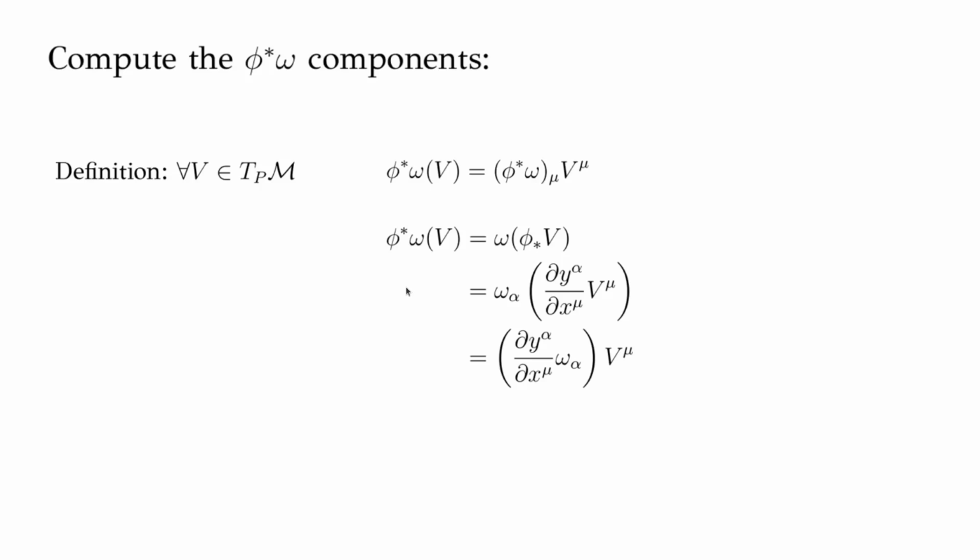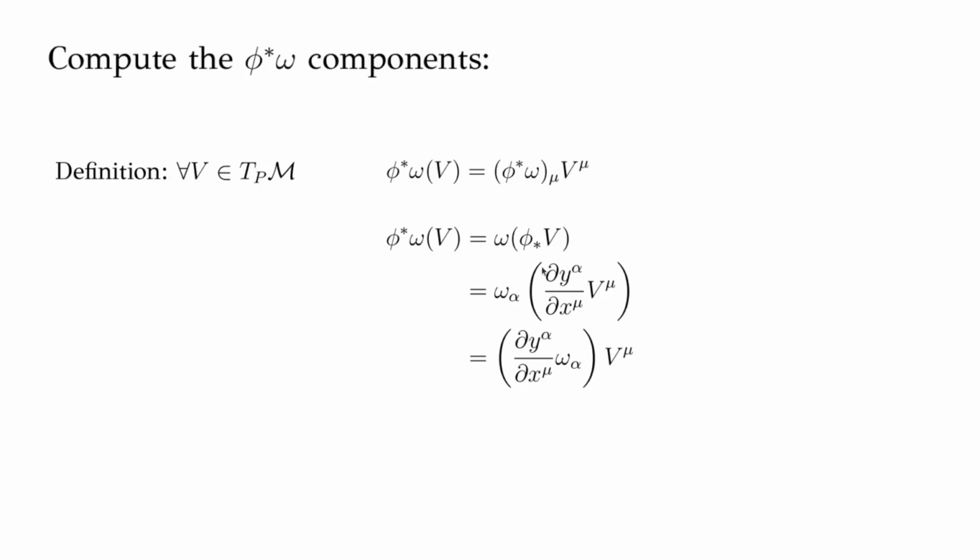And we can use the definition of the pullback to compute this number. So the image of v under the pullback form is equal to the image of the pushed forward vector v under the one form omega at Q.